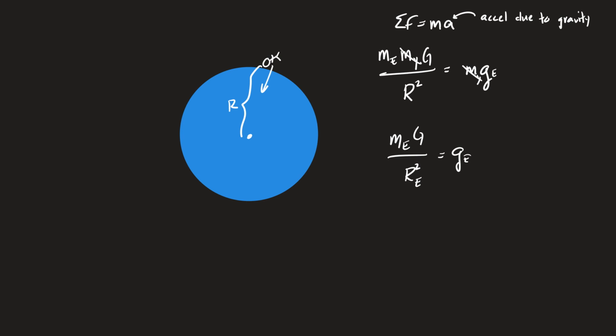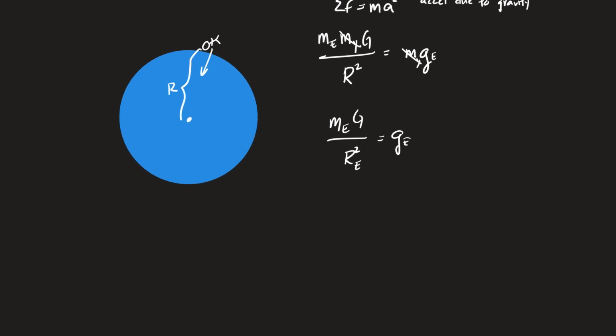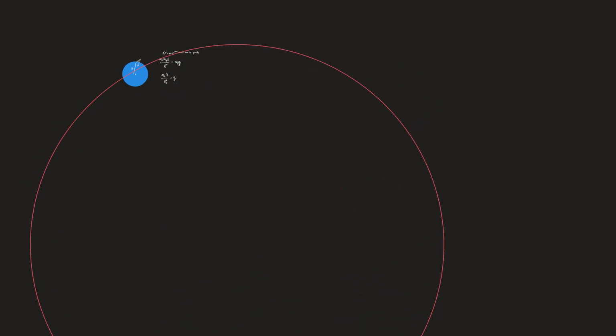Now, the next thing I asked you is to figure out how fast the moon was going around the planet. So you've got to zoom out a little bit for this one because we're talking about the circular orbit of Europa around Jupiter.